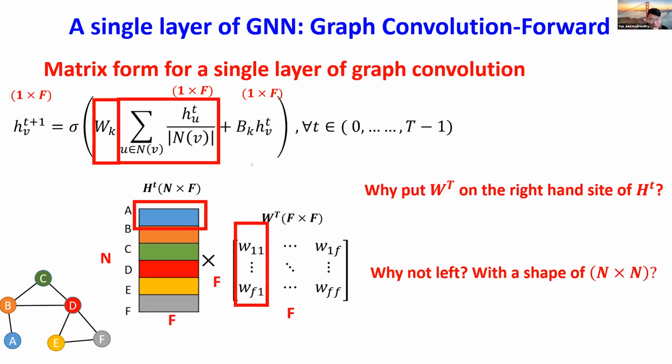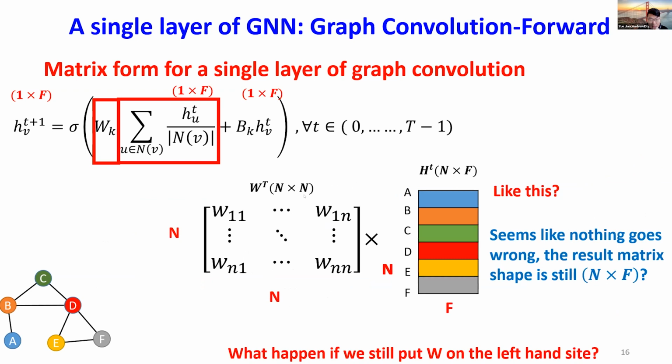There's one thing we need to pay attention to. Now, we deal with these learnable weight terms by multiplying the weight on the right-hand side, and we assign the weight matrix a shape of f by f.